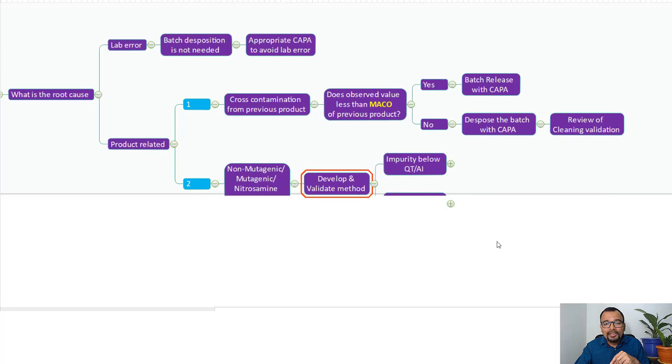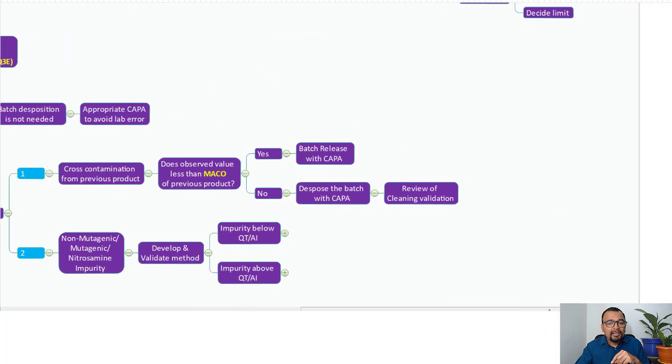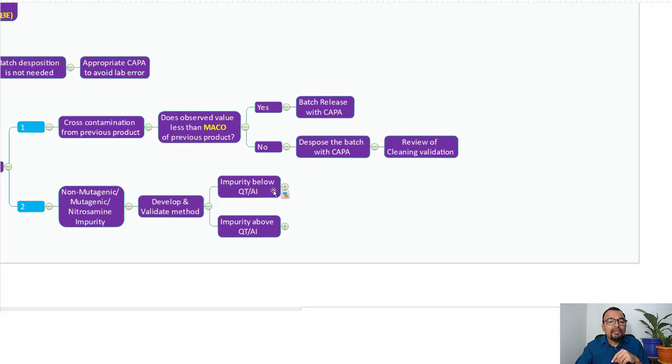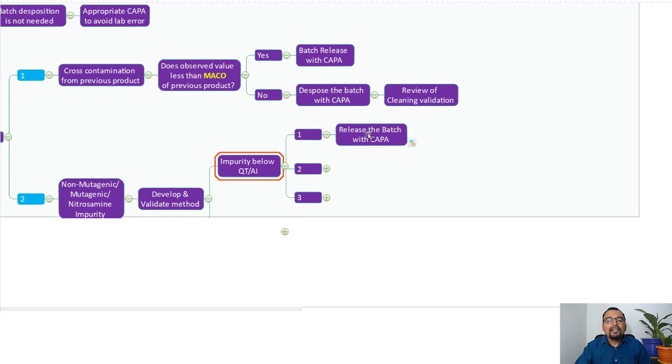So once you do the validation, probably you will have the observed impurities below the qualification threshold, or that impurity can be below the acceptable intake in case of mutagenic impurities. So in case it is below the qualification threshold or acceptable intake, then you can release the batch with the appropriate CAPA.